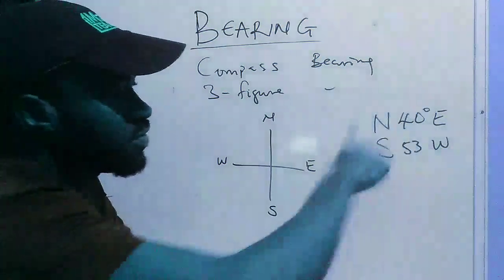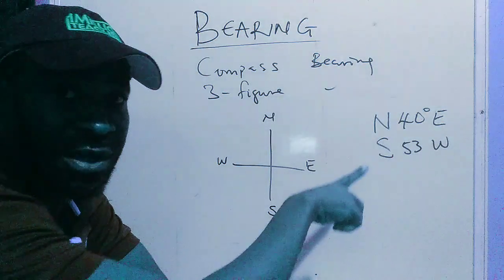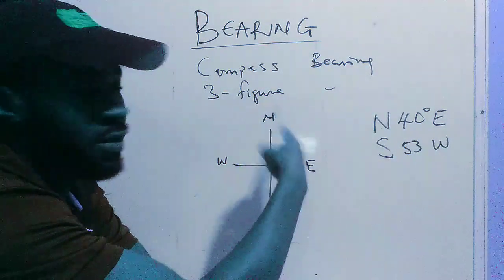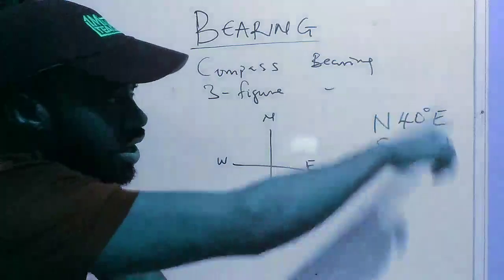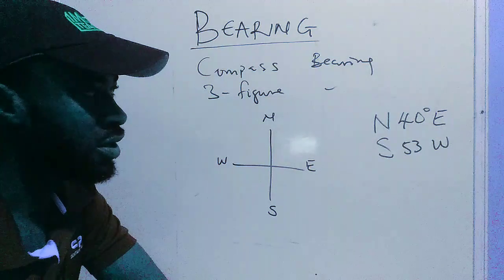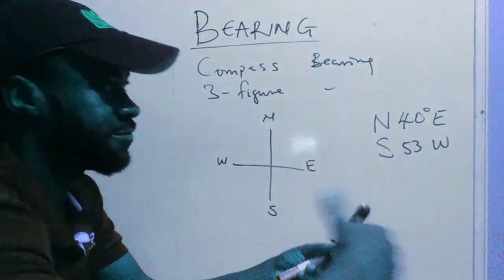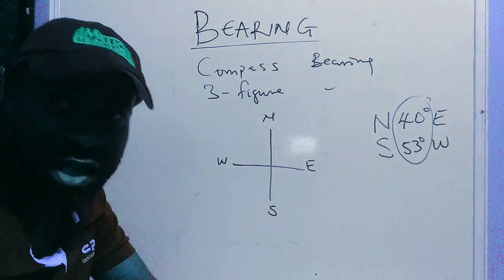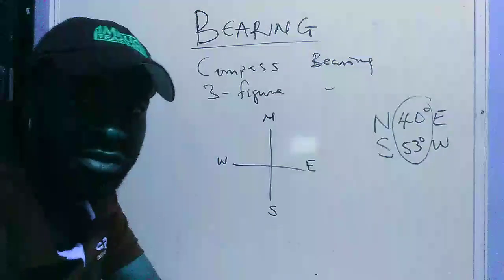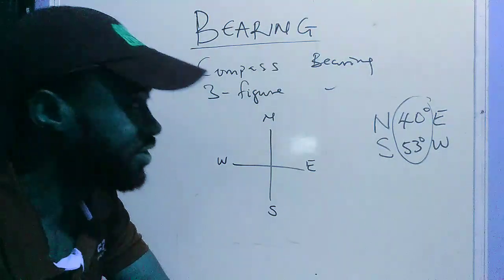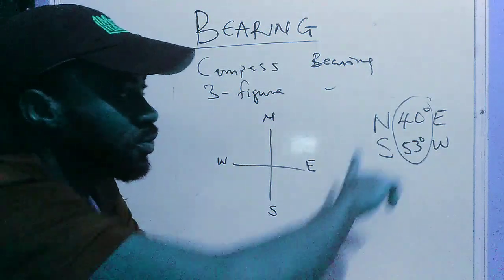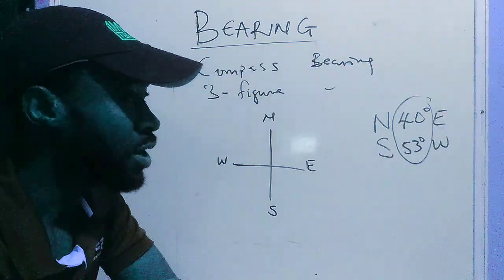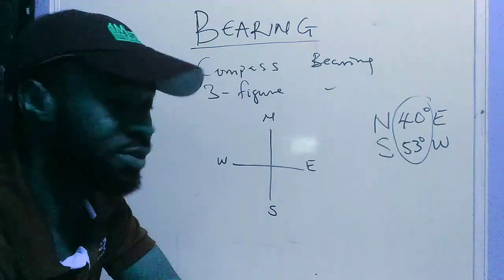Whenever you see a bearing given in this format, where the cardinal points are given and then we have an acute angle in between, the angle there must be acute, a number less than 90-degree, then it is called the compass bearing.